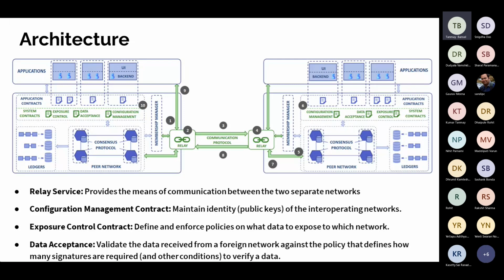If you see, these two networks are exactly the same, just mirror images of each other. This is an overall architecture of a permissioned blockchain. The special part is this membership manager, which is important for permissioned blockchains because it decides who can do what, and who will have what permission. These are the special things about permissioned networks.